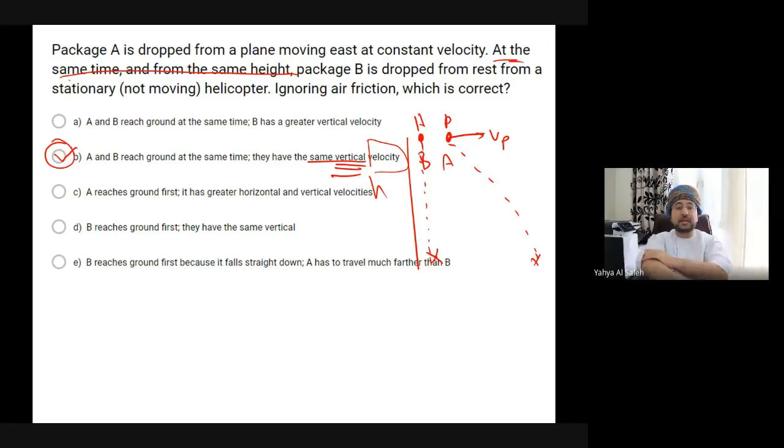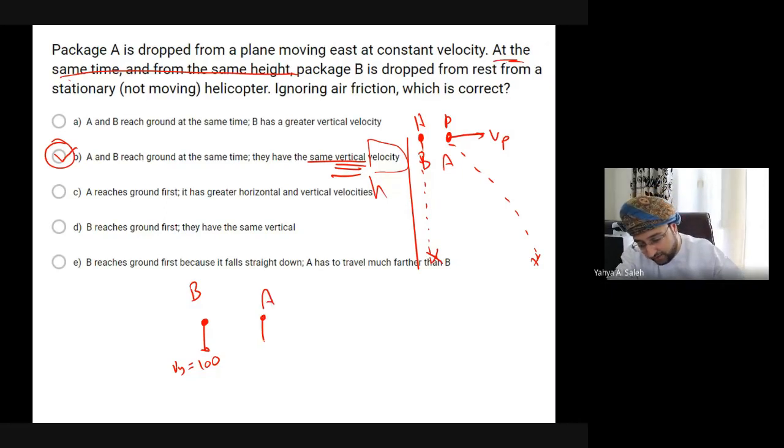Because what happens at the end when we reach? B will have Vy equals, let me say just some number, 100, for example. A will have Vy equals 100, but also Vx equals V plane.